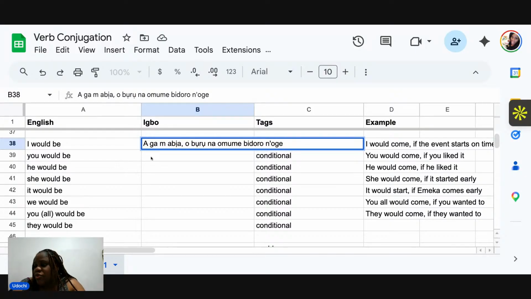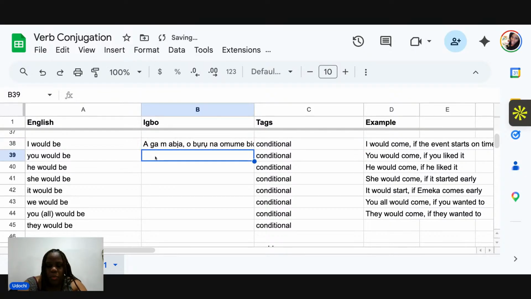You would come if you liked it. E ga a bia o boro na o masịrị gị.